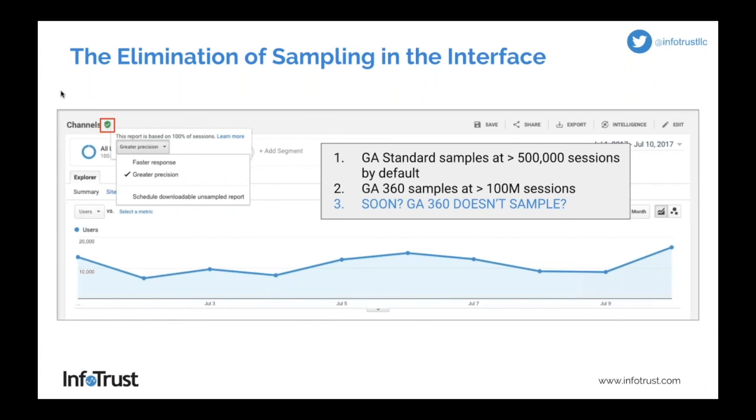That's their end goal. Now, how soon that can actually happen, I'm not sure, but my hope is within the next year or two, we'll get to the point where there is no sampling in the interface for Google Analytics 360 customers. I think Google is, on a regular basis, updating that sampling limit to continue to be higher and higher. It's only natural that the next progression eventually is going to be just unsampled data within the interface.